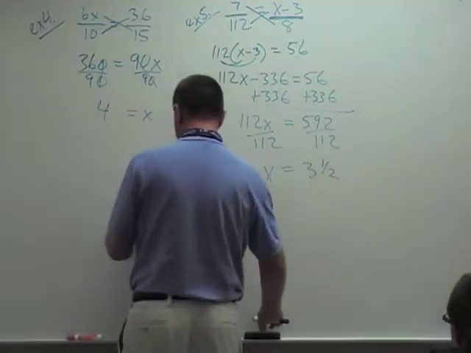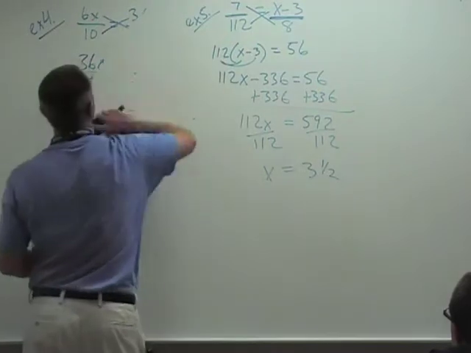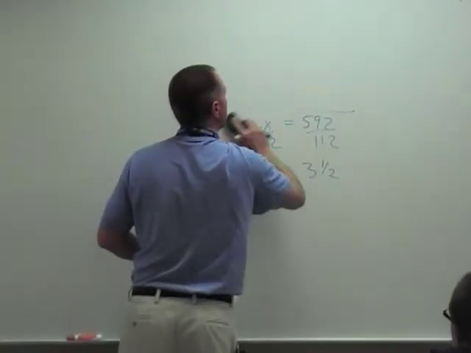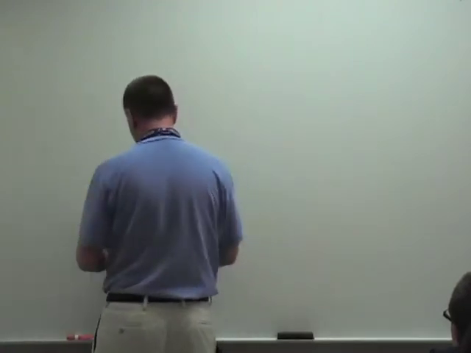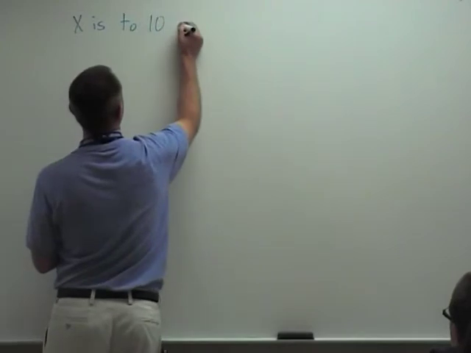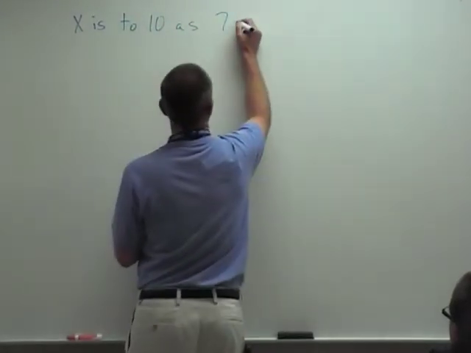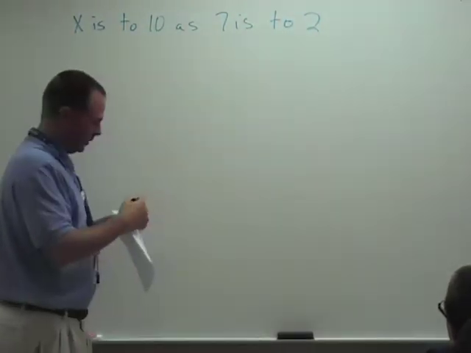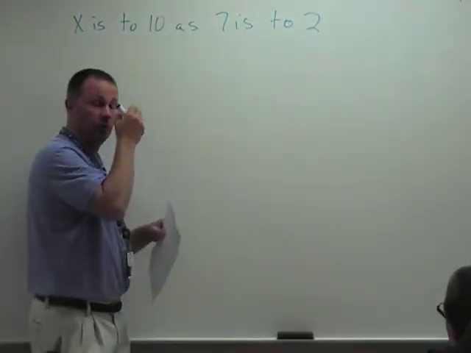And the last one, just to make sure we understand. X is to 10 as 7 is to 2. So, given a written form, can you set up the proportion?